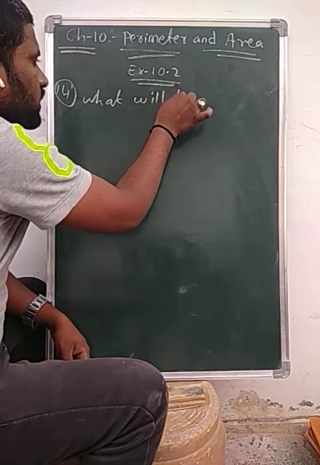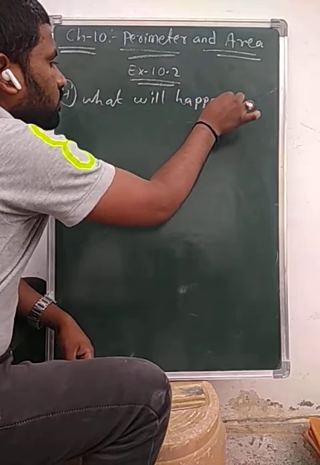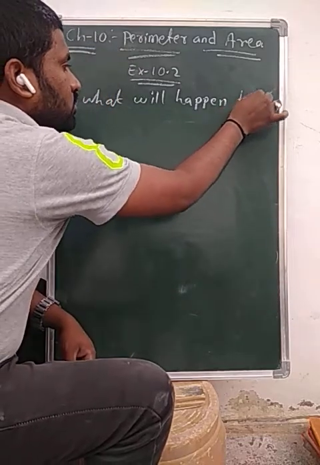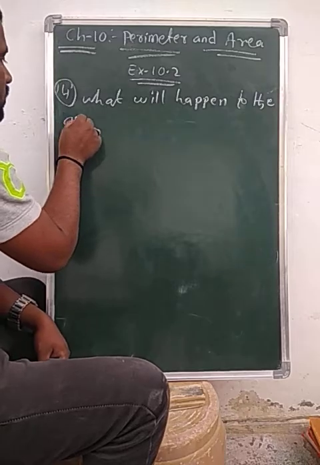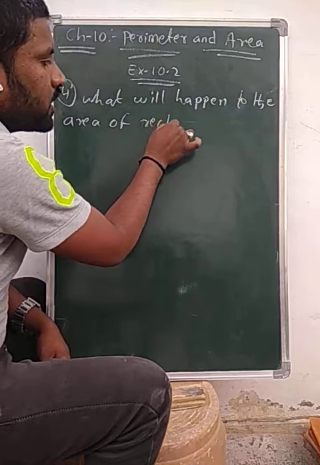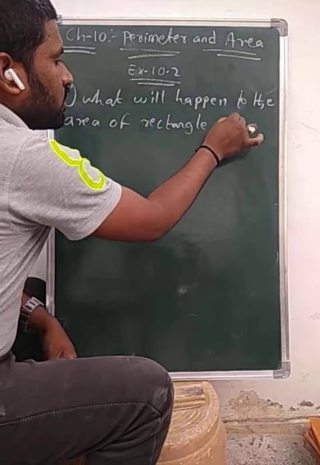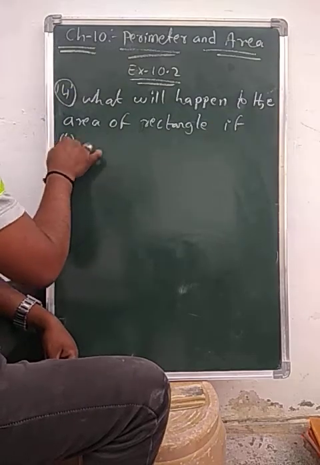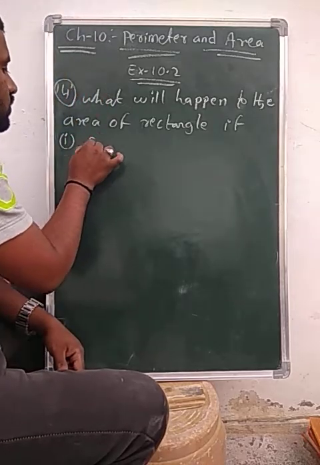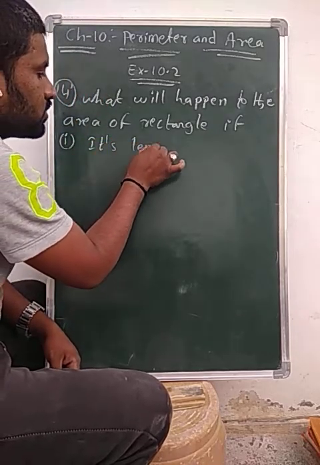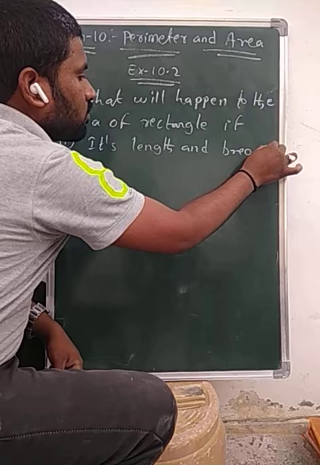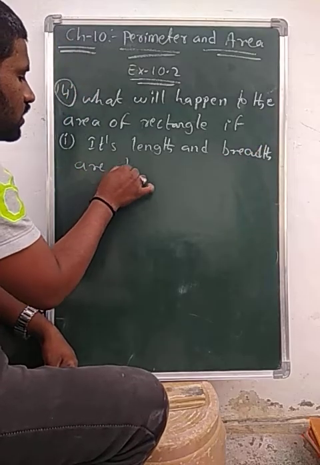What will happen to the area of a rectangle if its length and breadth are doubled?